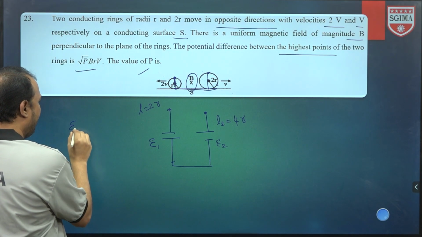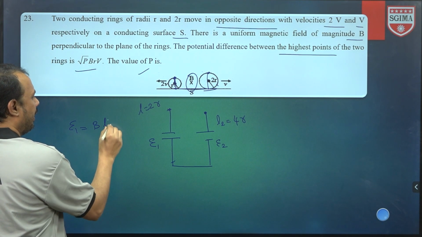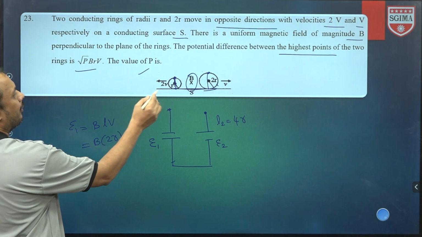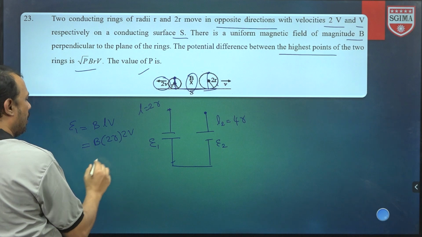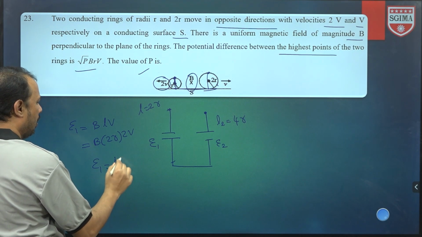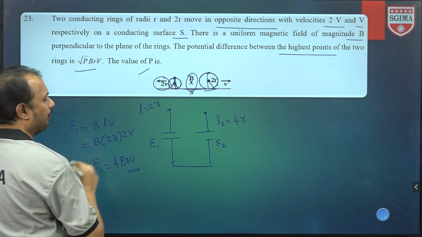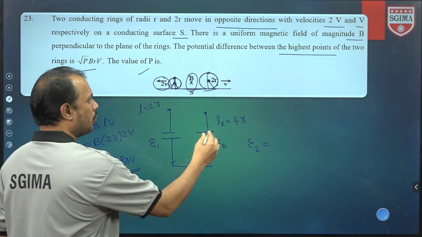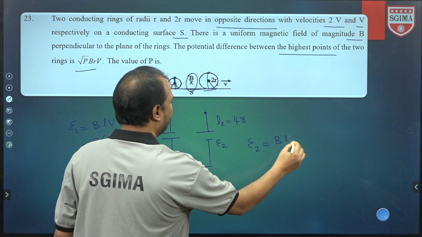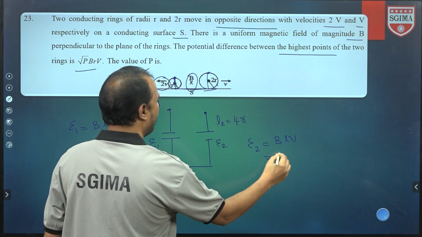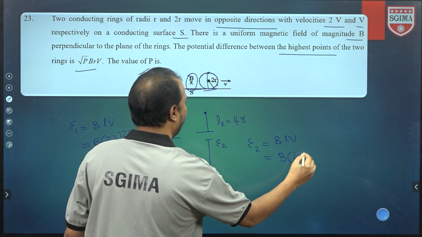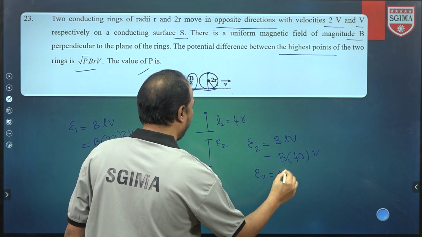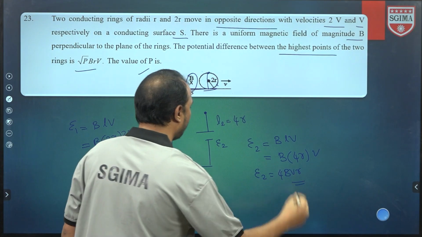The value of EMF is BLV, length is 2r, moving with velocity 2v. So EMF you will get 4BrV, E1. Now E2 is again BLV, magnetic field B, length is 4r, velocity is v. So E2 equals 4BVr.